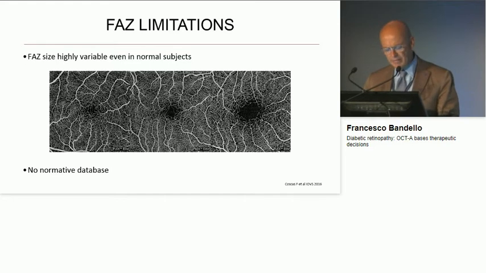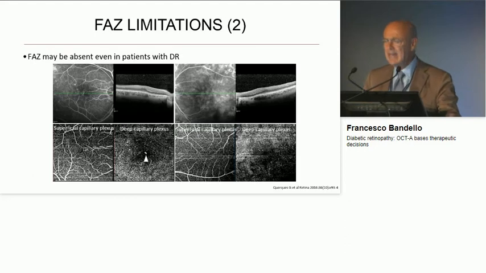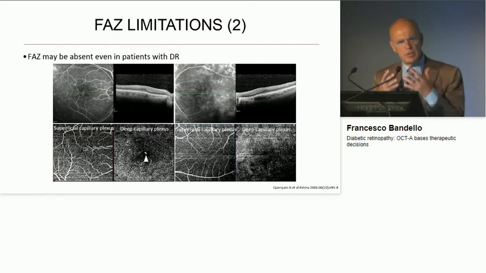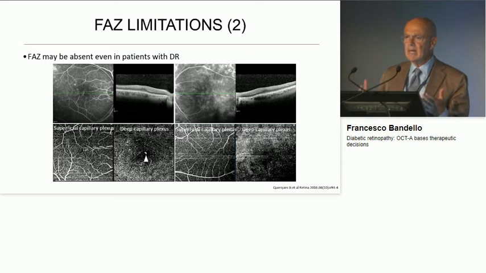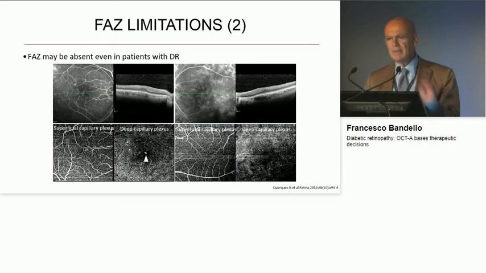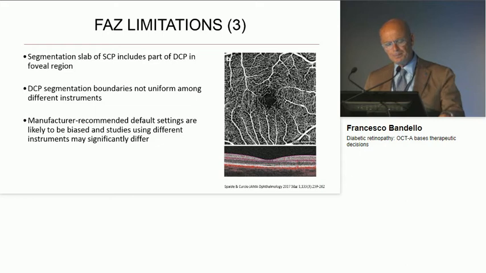And you have this kind of variability, which is absolutely important and makes any evaluation difficult to measure. And in patients with diabetic retinopathy, sometimes you have the absence of the foveal avascular zone. So there is some anomaly, you are able to see some of them, but many times it's impossible to attribute a value to what you are seeing.